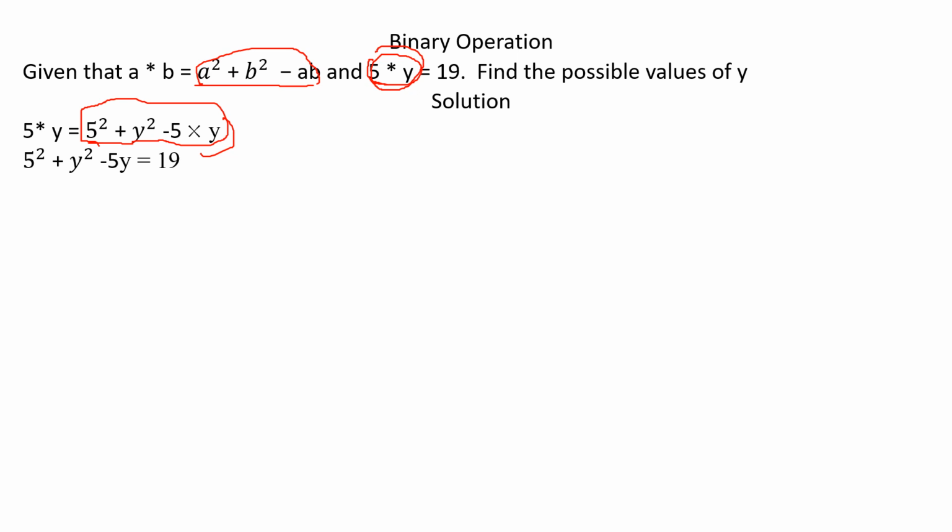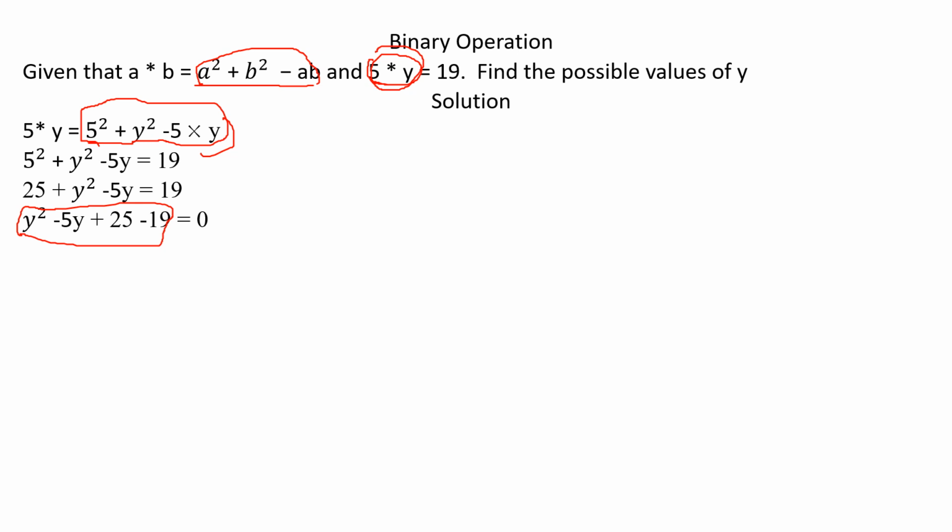So this is what we have here: 5 squared plus y squared minus 5y is equal to 19, because negative 5 multiplied by y will give us negative 5y. Right, so 5 squared is 25, and then we have this equal to 19. Simplifying further, we want to equate everything here to 0.